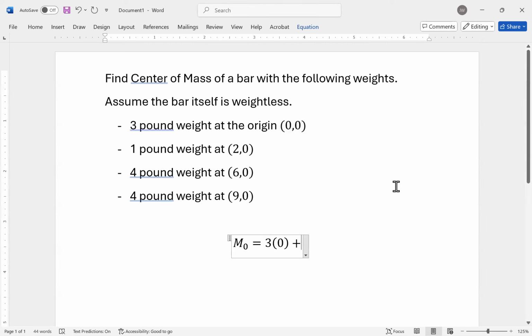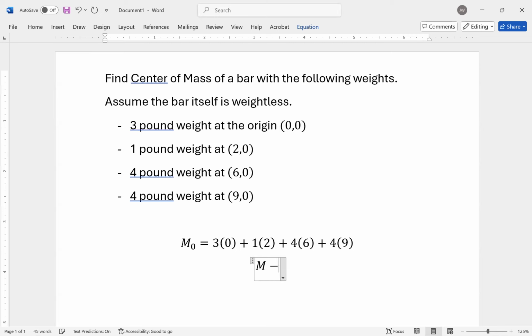Then I look at the next weight. The next weight is 1 pound, and it is 2 units from the origin. The next weight is 4 pounds, and it is 6 units from the origin. And the next weight is another 4 pounds, but it is 9 units from the origin.